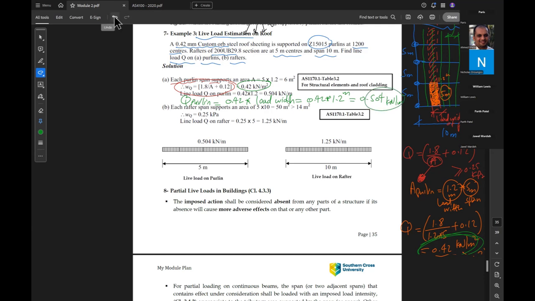Is that okay? Do you know how to convert from kilonewton per square meter to kilonewton per meter? Because this is an important one, I will put it somewhere here on the left.